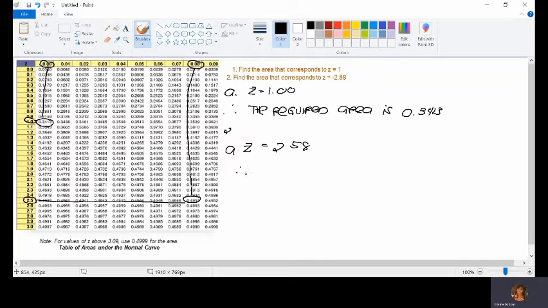So therefore, the required area is 0.4951. So that's how you will find the area that corresponds to your z value.